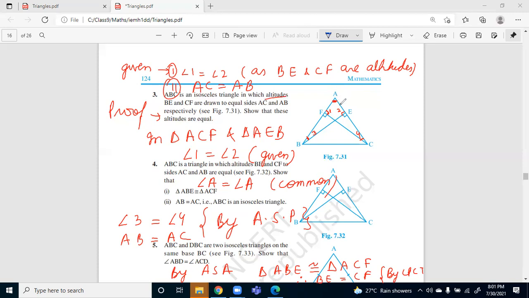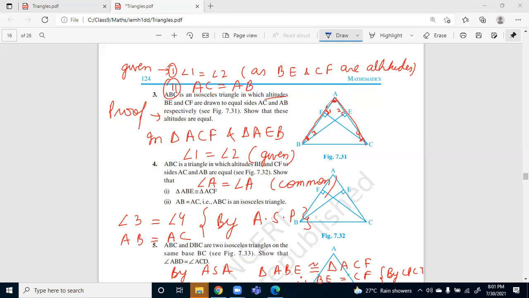So how we have done, angle A is common, angle 1 is 90 degrees. So बचा हुआ जो angle है और ये वाला angle है, अगर दो angles equal हैं तो third angle will also be equal. So now we have angle A common और 3 और 4 equal और ये AB वाली जो side है वो AC वाले side के equal है. So criteria कौन सा हो गया, angle side angle.